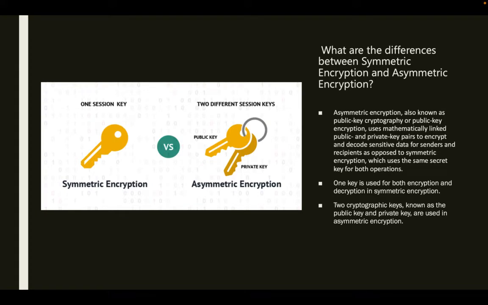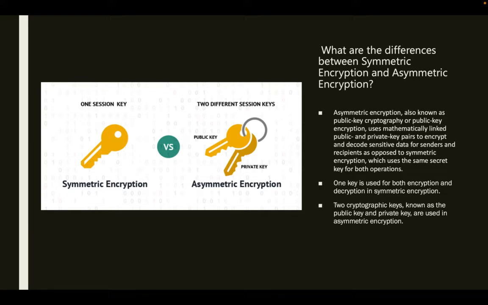In the difference between symmetric encryption and asymmetric encryption, one key is used for both encryption and decryption in symmetric encryption. Two cryptography keys, known as the public key and private key, are used in asymmetric encryption.